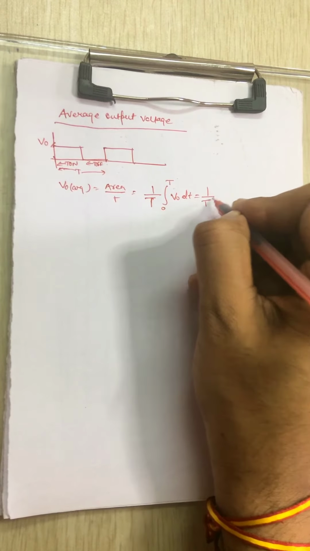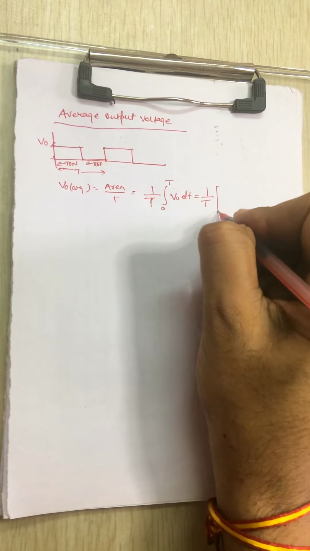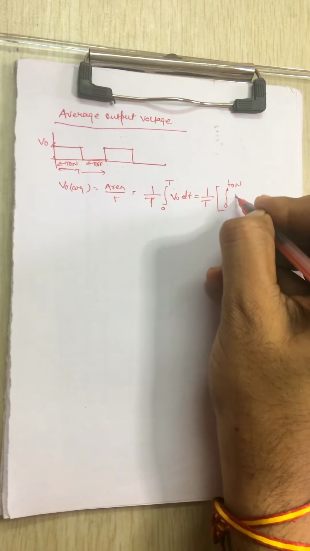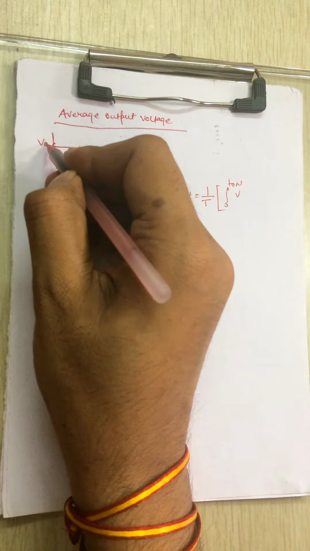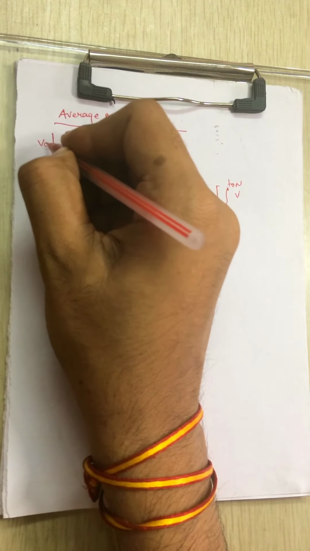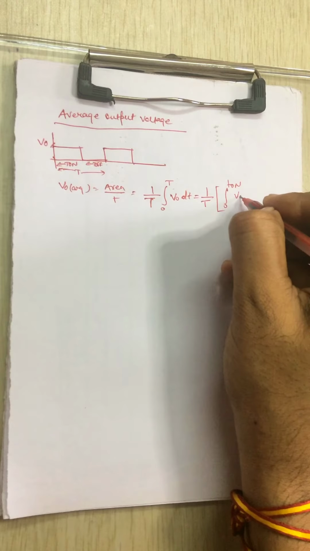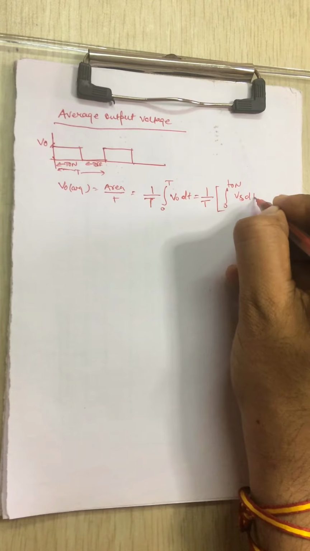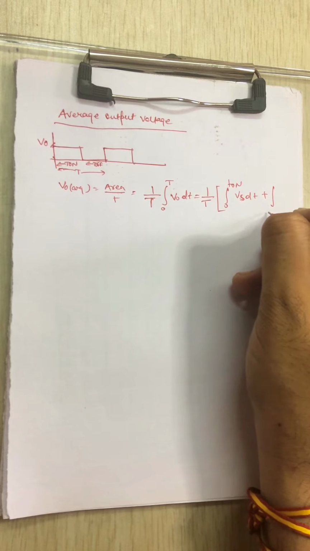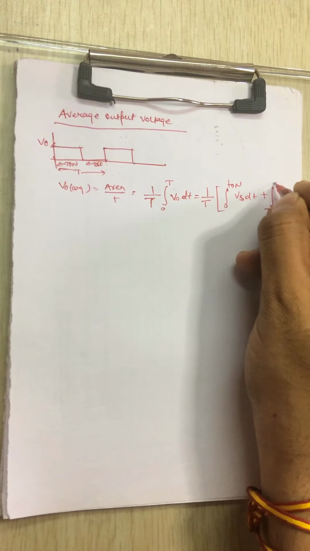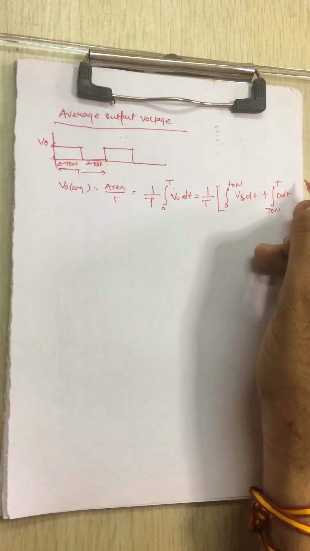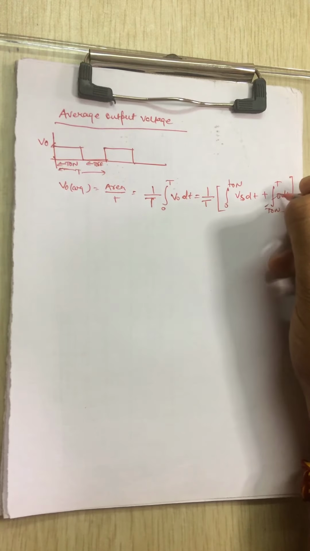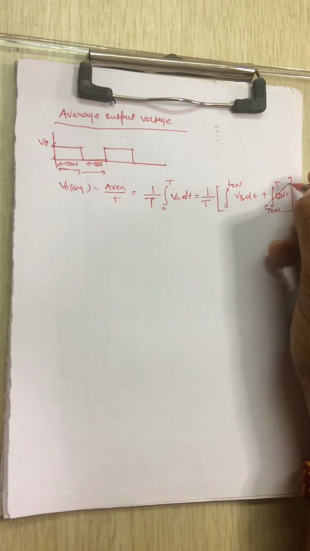Equals 1 by T, integration from 0 to T on, of Vs into dt, plus integration from T on to T of 0 into dt. Now if you integrate this part, the whole second part becomes 0 because there is a 0 over here.